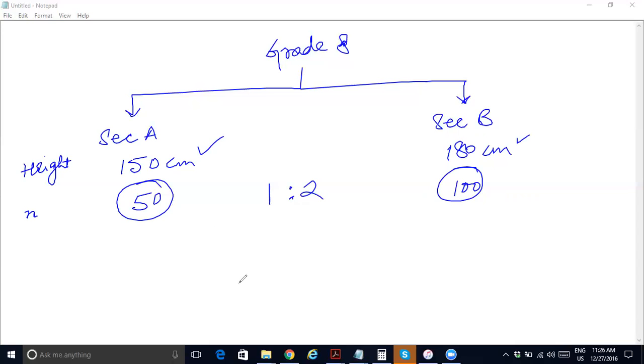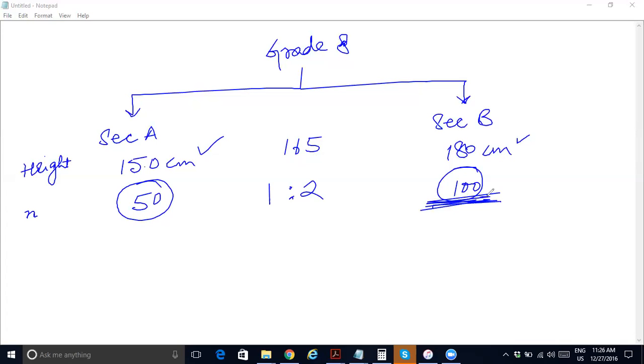So on an average, it should not be 165. 165 is like the actual average of 150 and 180, when we are not considering the number of students. Now, since it is weighted heavily towards 100, the weight of section B is more because the number of students are more in section B.